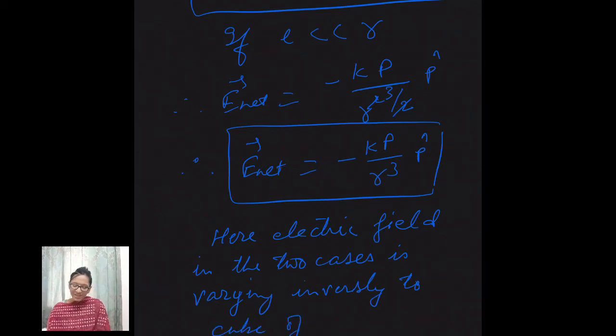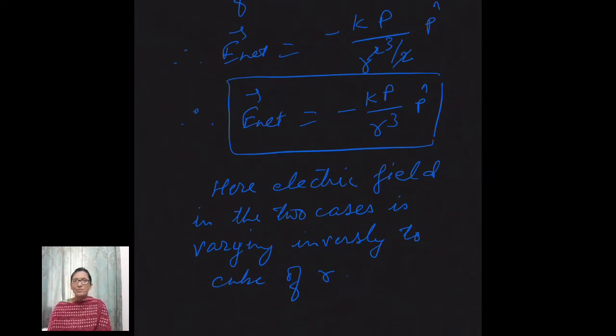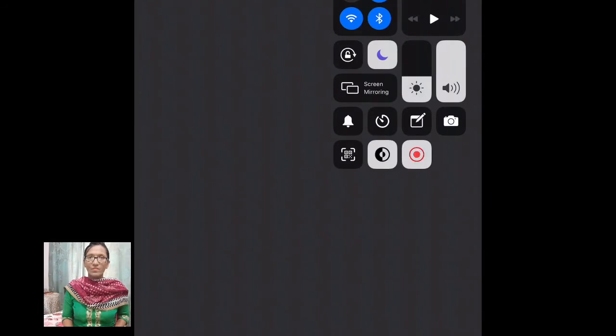So we can see that the electric field in the case of a dipole is quite different from the electric field due to point charges, in which the electric field happens to be inversely proportional to the square of R. Okay, so let's define an electric dipole in a different way.